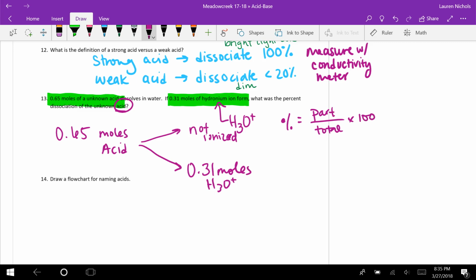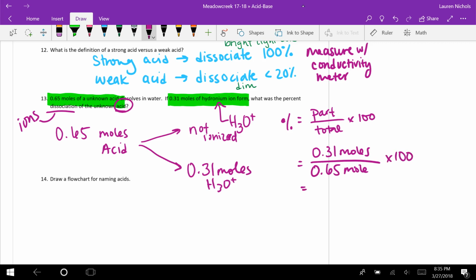So the part we're looking for is the part that dissociated, you're talking about ions. And so we want the amount of ions, so 0.31 moles, divided by the total amount that's in there, 0.65 moles, times 100.